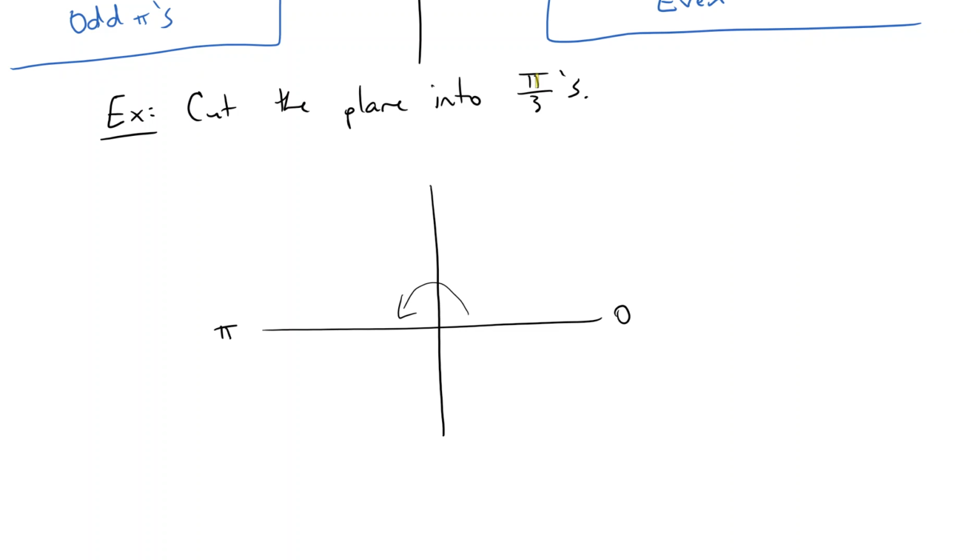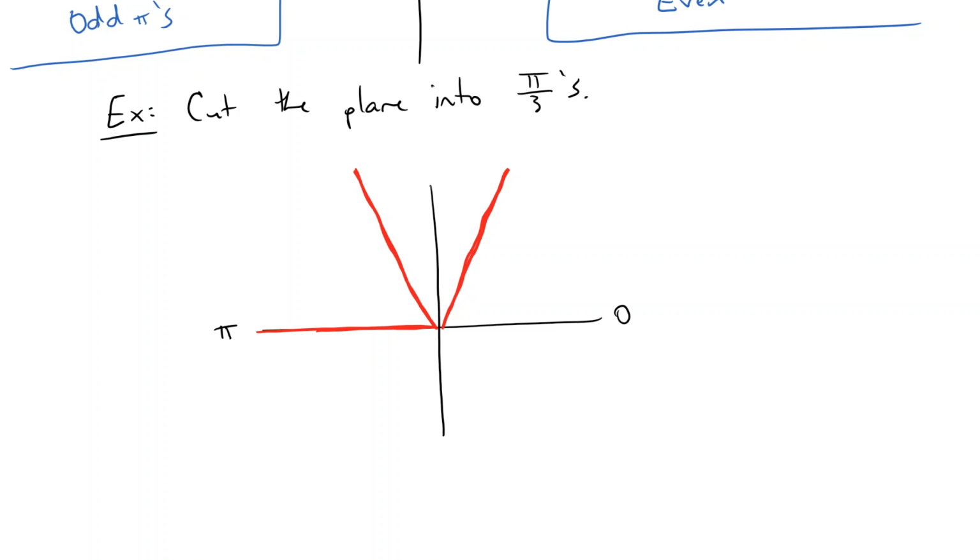Because when you look at pi over 3, you're thinking divide pi into 3 equal pieces. So that means there's 1/3 of pi, there's 2/3 of pi, and there's 3/3 of pi. So each of these is equal.